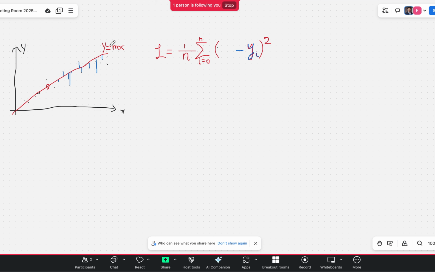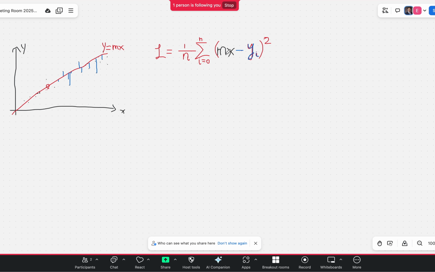And how do I predict each value based on x? You have to multiply it by m. Exactly, and remember, m is my weight. m is what I'm training here. I want to get an m value that will predict the good y value, right? So this is my formula.